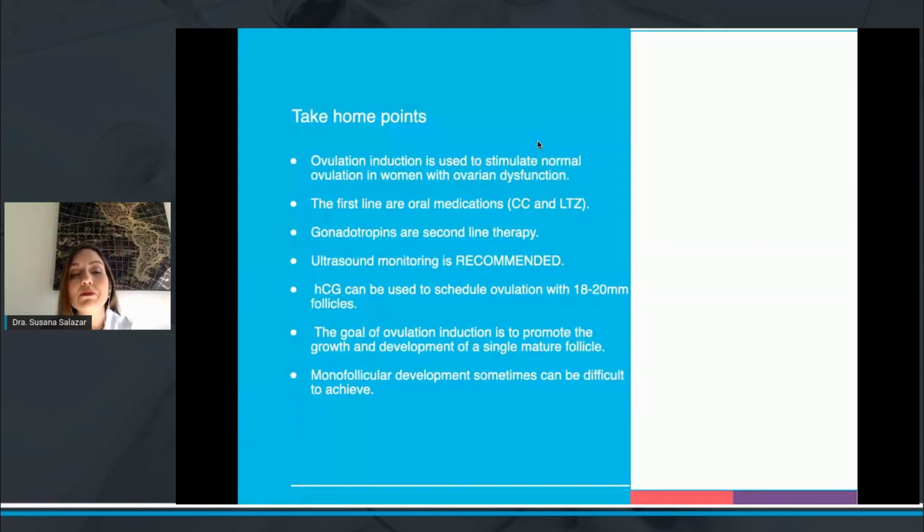Ultrasound monitoring is recommended. HCG can be used to schedule ovulation with 18 to 20 millimeter follicles. The goal of ovulation induction is to promote the growth and development of a single mature follicle. Monofollicular development sometimes can be difficult to achieve.